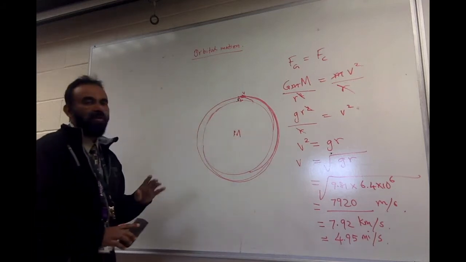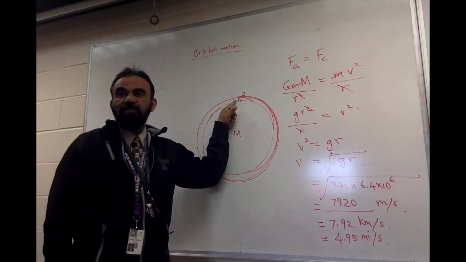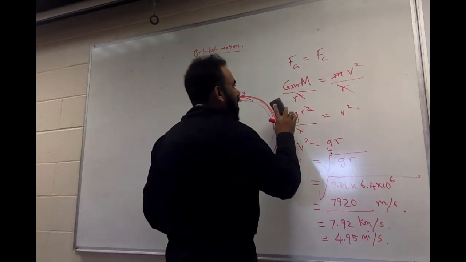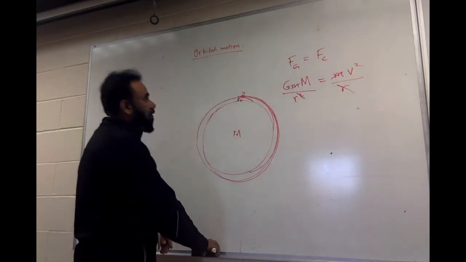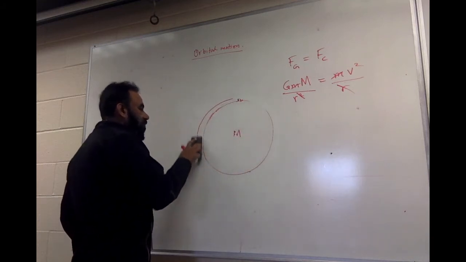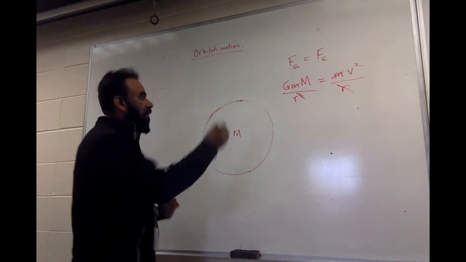Now let's find out what will happen if I go higher. In order to escape the Earth's atmosphere, you need to go higher. So let's go to a higher altitude and then do the orbit. We don't want to do it from here.